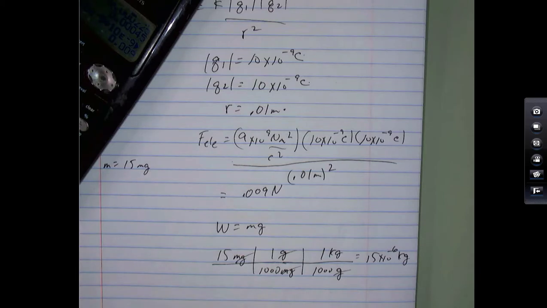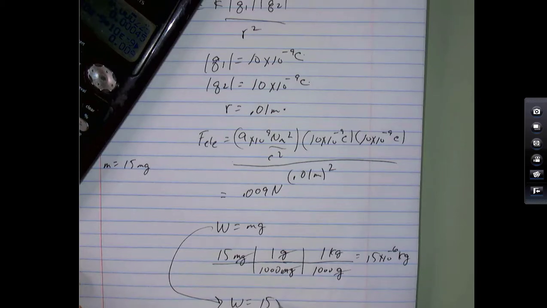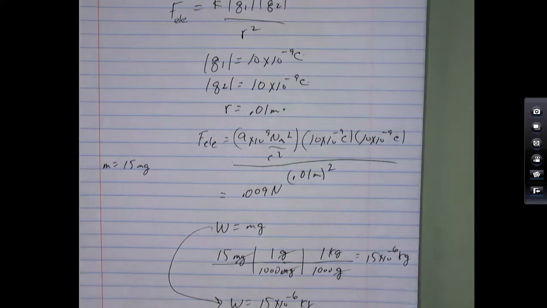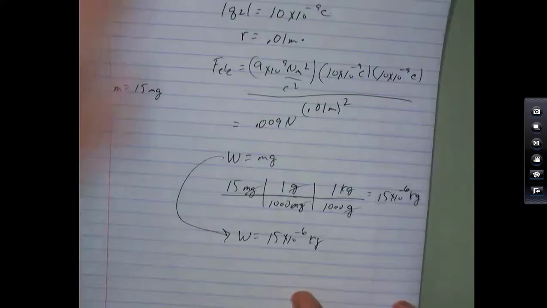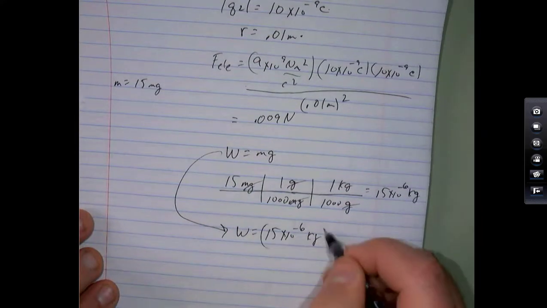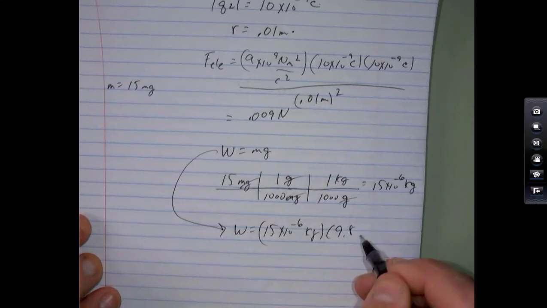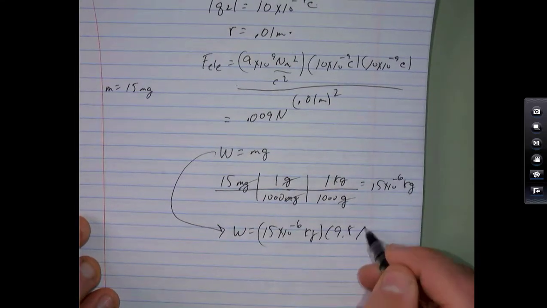But again, you don't have to do that. I'm just going to leave it like this. So mass, 15 times 10 to the -6th kilograms. And then g is 9.8 newtons per kilogram.